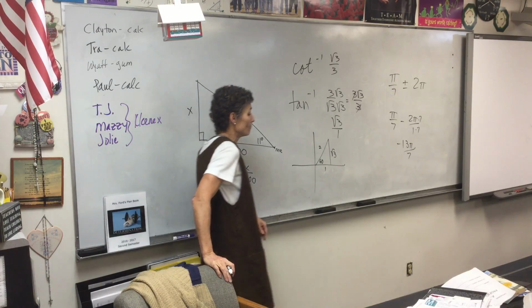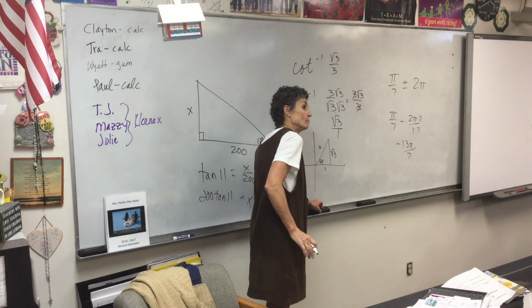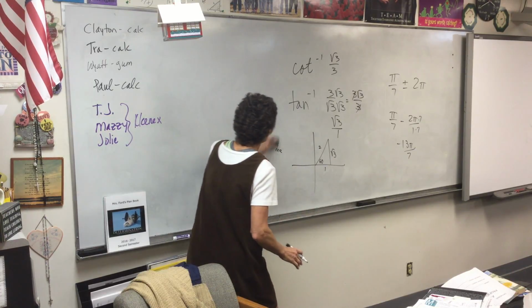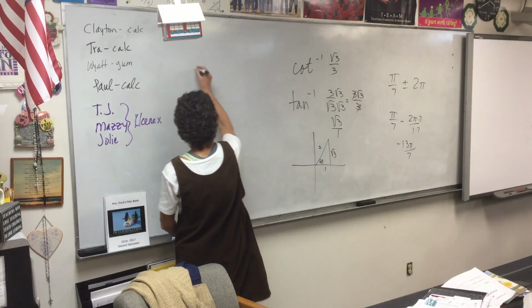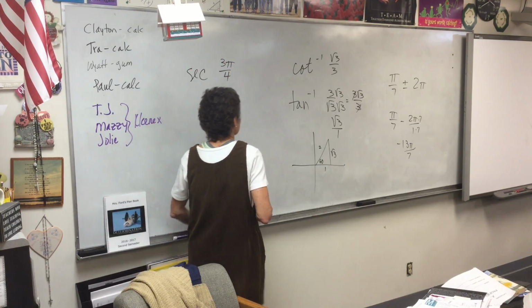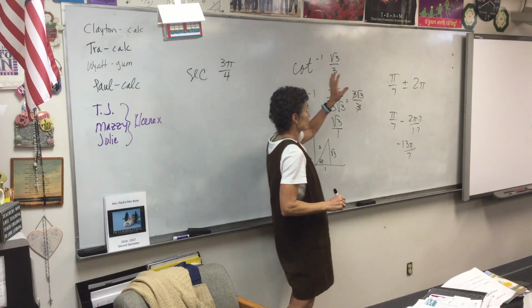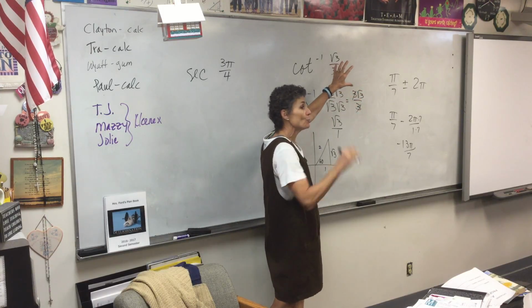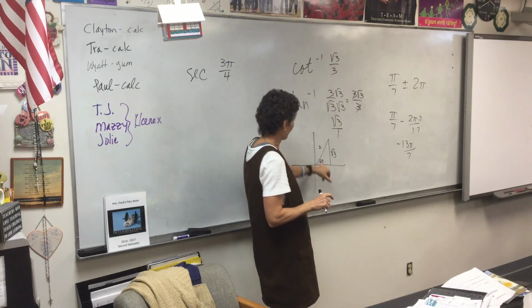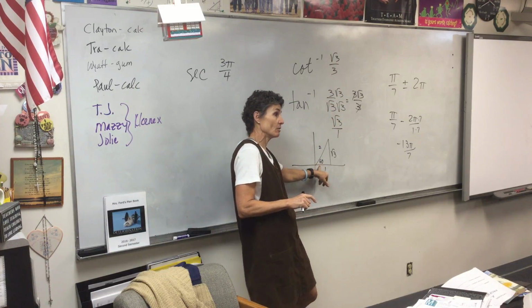Brenton? Can we go secant 3 pi/4? Find the secant of 3 pi/4. That is the opposite kind of question than Jason asked. In Jason's question, I knew the ratio, I knew the fraction, and I had to work backwards and find the angle.